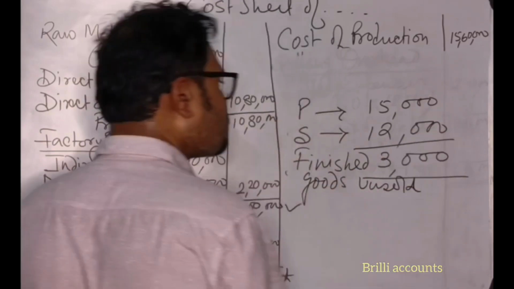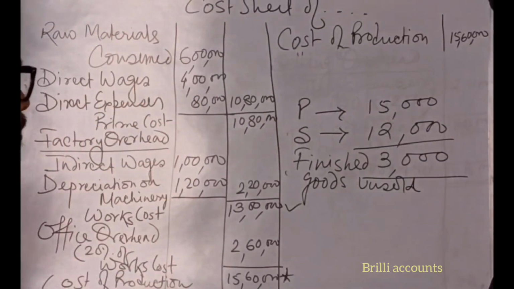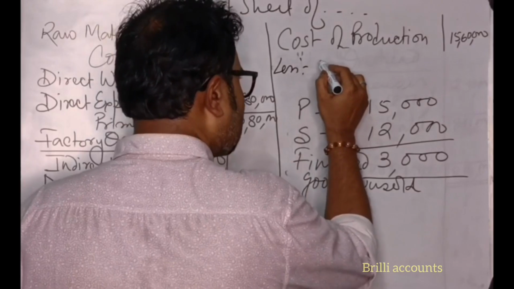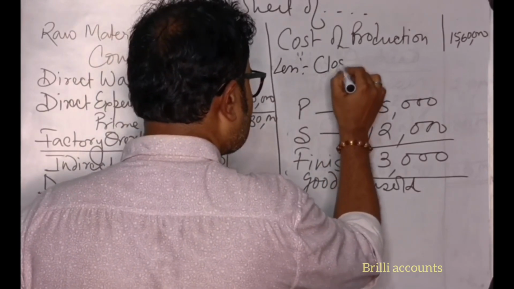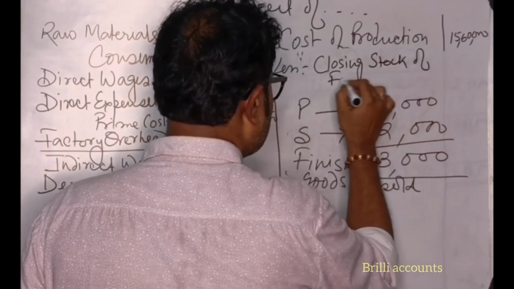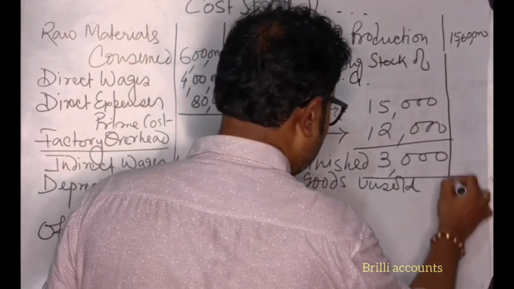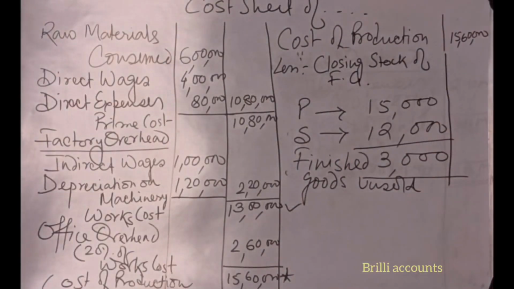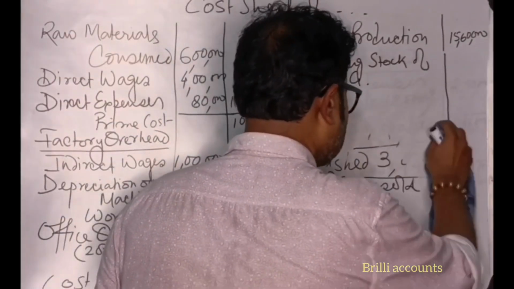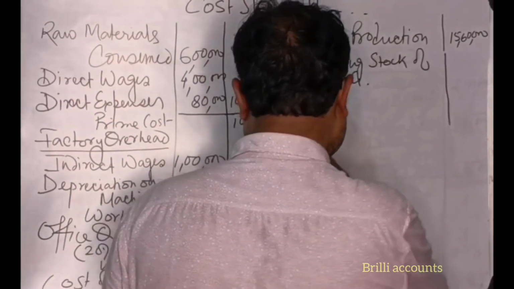Finished goods, unsold. What will I do then? Then I'm calculating, less closing stock of finished goods. How to calculate this? I'm showing you here. Just look at the board.